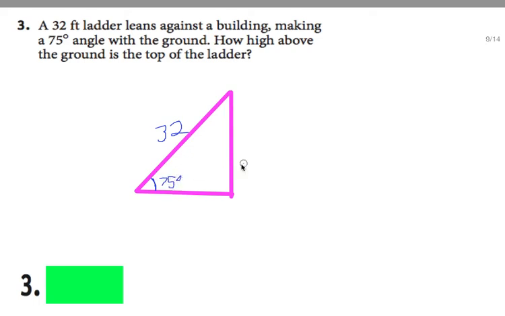Okay? And then we want to know how high above the ground is the top of the ladder. So if this is the ground here, and this is going to end up being a right angle, that's the ground here, and we want to know how high it is here. So basically, I'm looking for this height measurement here.